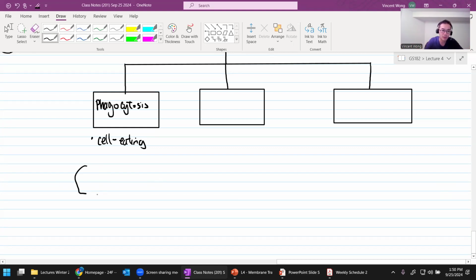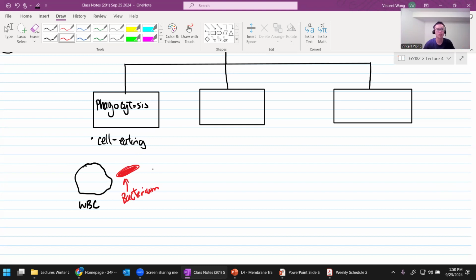An example of that would be a white blood cell and it sees a bacterium. Okay. It checks its ID tags on the surface and it knows it does not belong to the body. So what does it do? It eats it up.